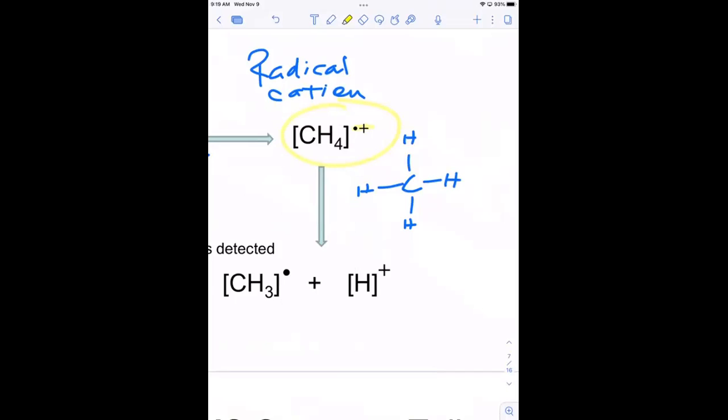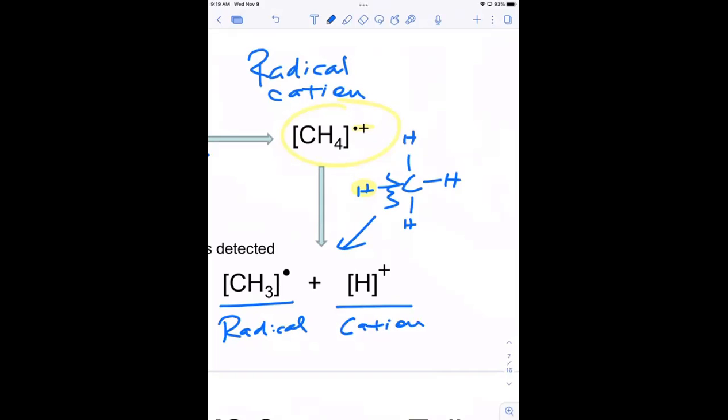This can break apart because that electron beam is still pulsing, beating this thing to death, right? So let's just say, for the sake of the discussion, this hydrogen right here is what's breaking off, right? So we're going to break that C-H bond. That's how we get to here, where you have a CH3 radical and a proton as your cation.